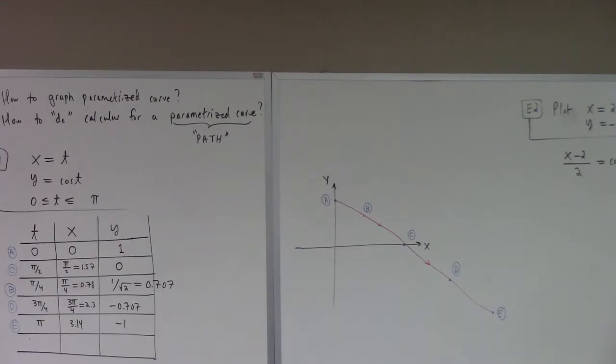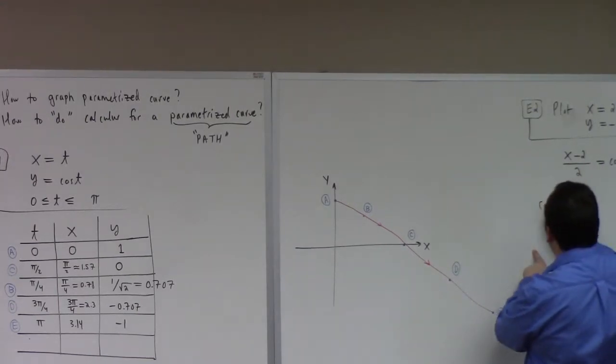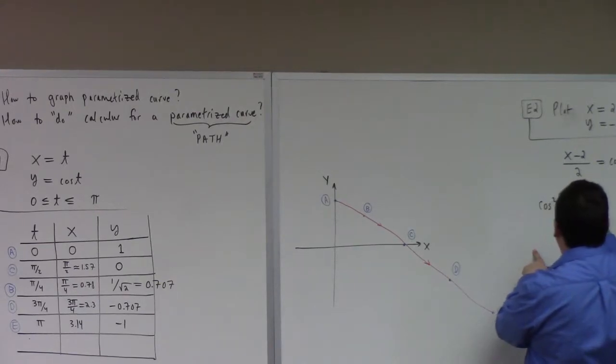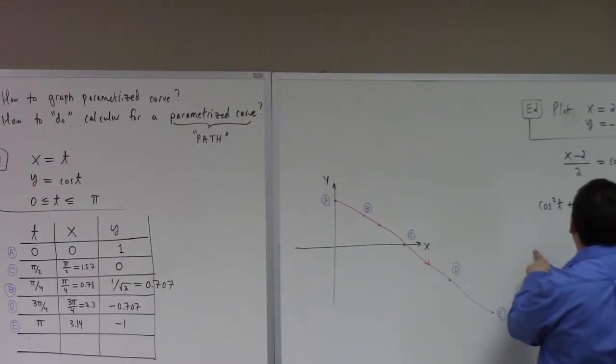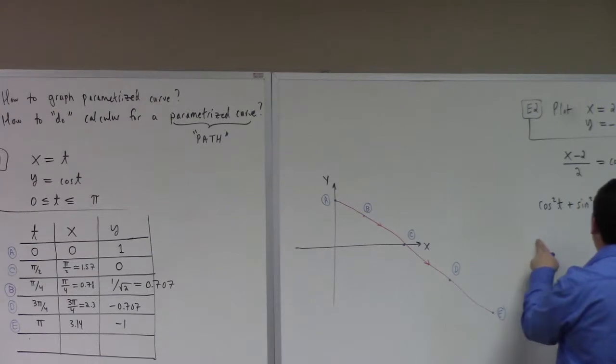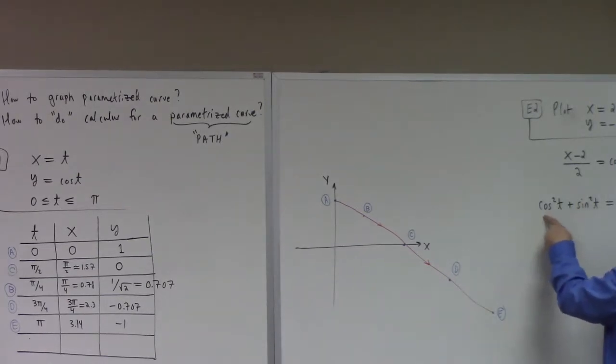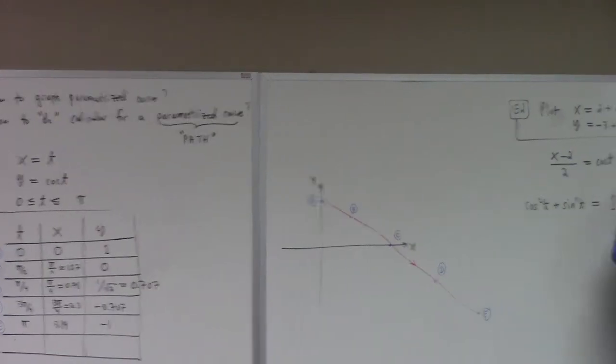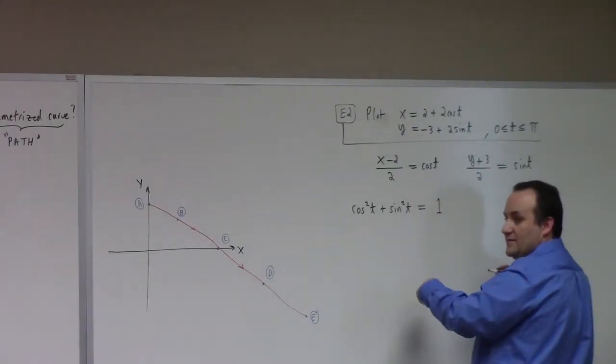So let's think through it. Of course, cosine squared plus sine squared is what? It's something without time. This is the timeless equation. Cosine squared plus sine squared is 1. So squaring these two things and adding them together is going to give me 1.